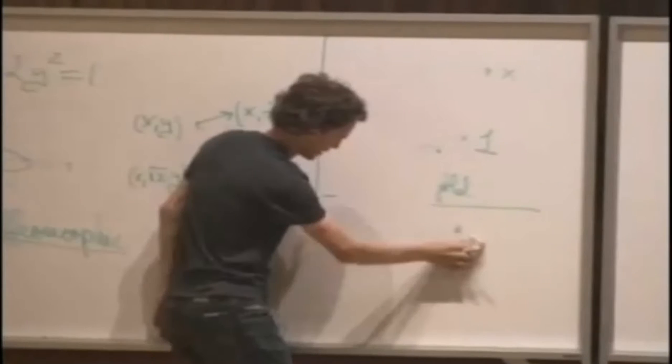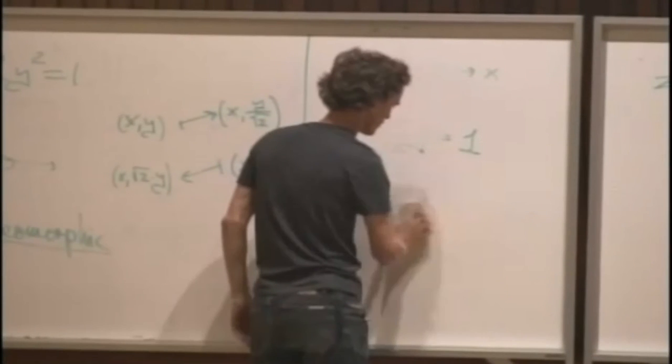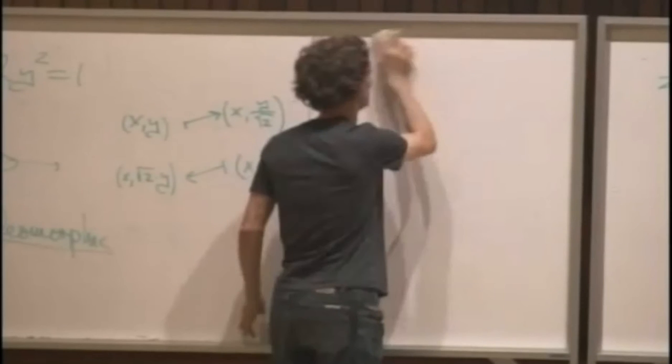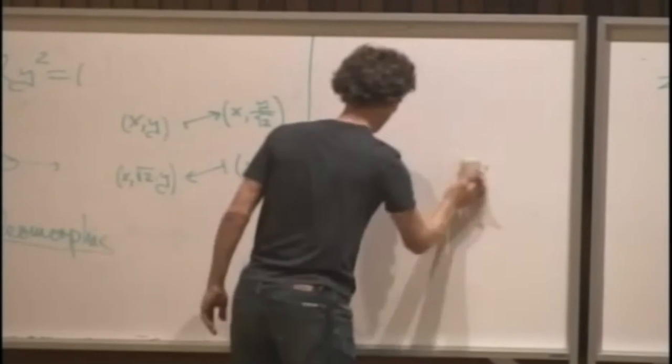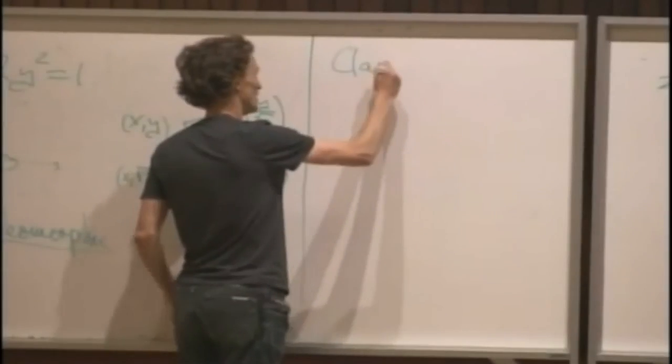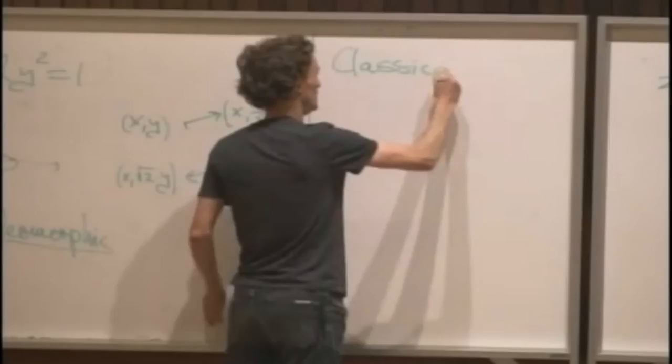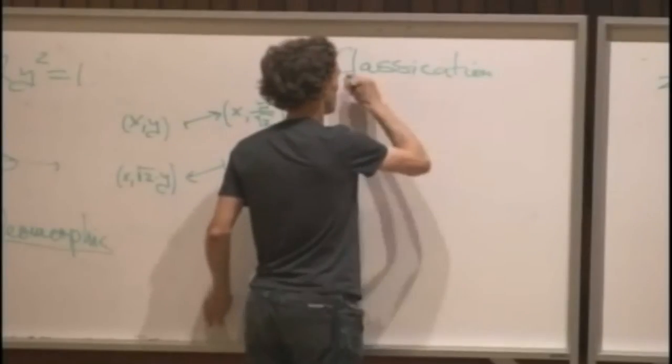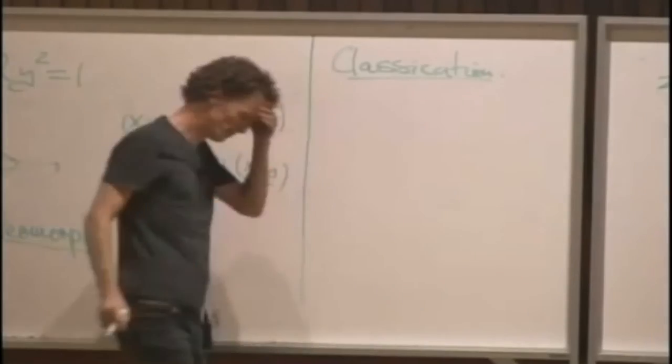So the study of manifolds has been a driving force in topology since at least the 50s, or well, before that. This is not actually what I will talk about, but I want to mention the problem of classification.